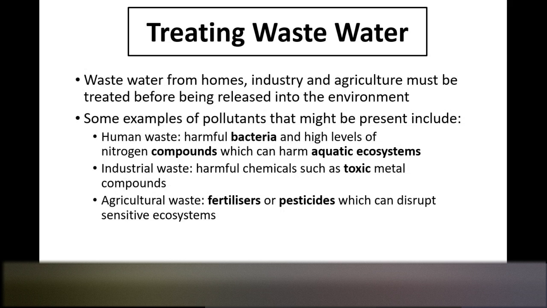If you are spraying pesticides on your wheat crops, for example, that's good for your wheat because it will not be disturbed by insects, but the insects themselves will be harmed. So we need to ensure that whatever type of wastewater we have, we are able to treat it so that it's ready to go back into the environment and not have harmful consequences.